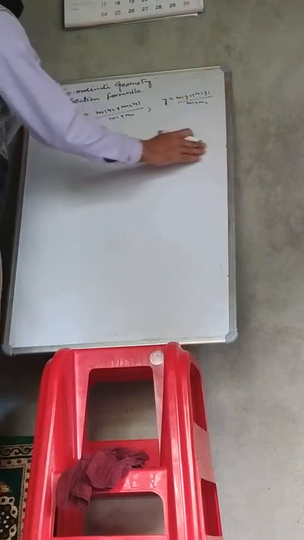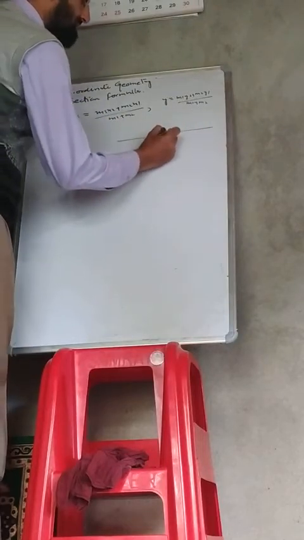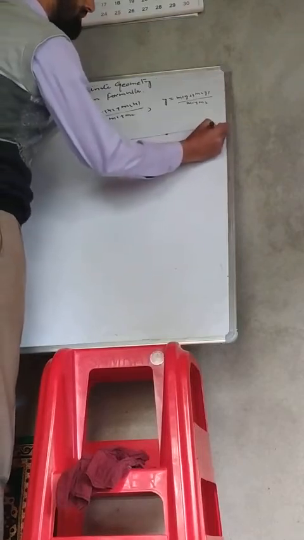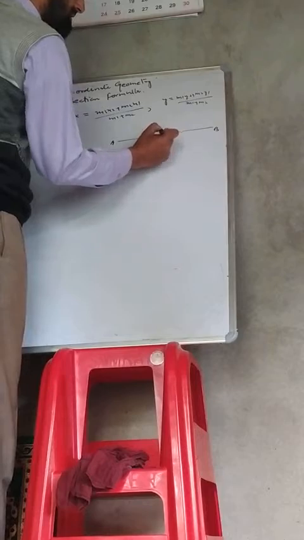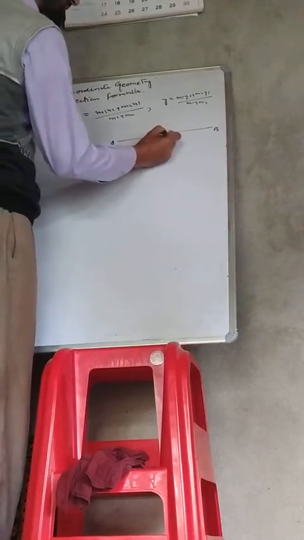So we have already discussed that this section formula is utilized to find the coordinates of the point which divides the line segment into two sections or three sections. Intersections simply we can call it.